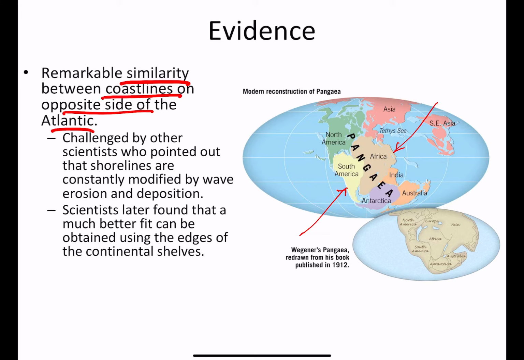They almost perfectly fit together, like two pieces in a jigsaw puzzle, right? Now, all of the ideas that Wegener put forward as evidence for the continental drift hypothesis were challenged by other scientists of his time.